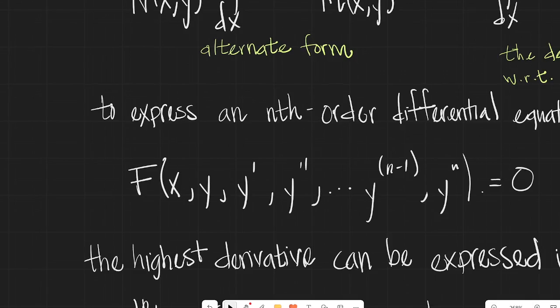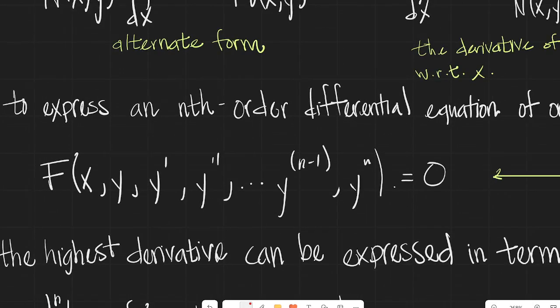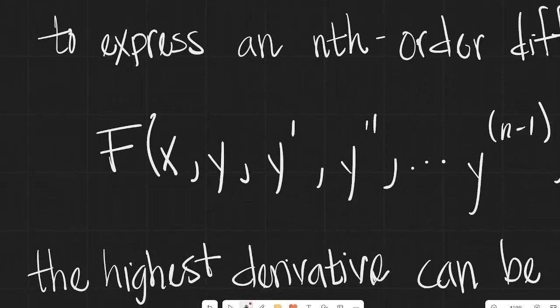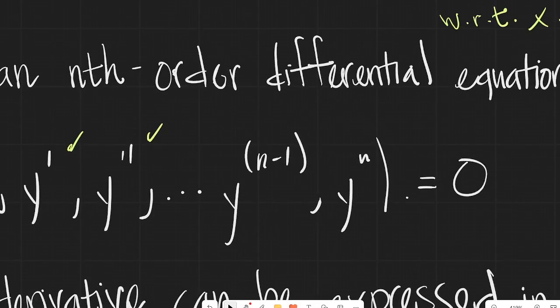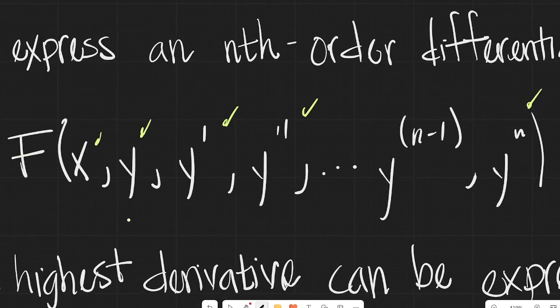So the differential equation can be written as if it were like a function, and then the arguments inside were the independent variable, and then the dependent variable and its derivatives, right? And the highest derivative in this differential equation is n. We go from the 0 derivative, 1 derivative, 2 derivative, ... n minus 1 derivative, n derivative.